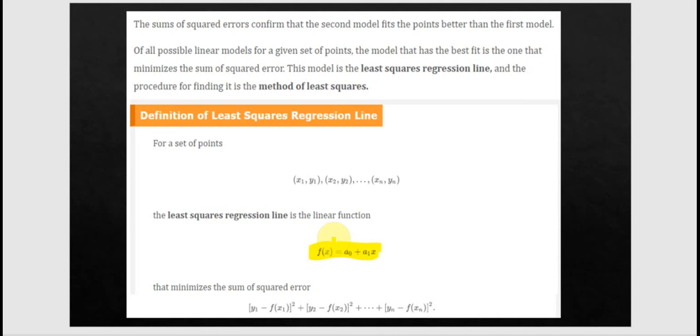So the goal then is to find a sub 0 and a sub 1 that would minimize the sum of the squared error. They call that difference squared, and the sums of those, the squared error.